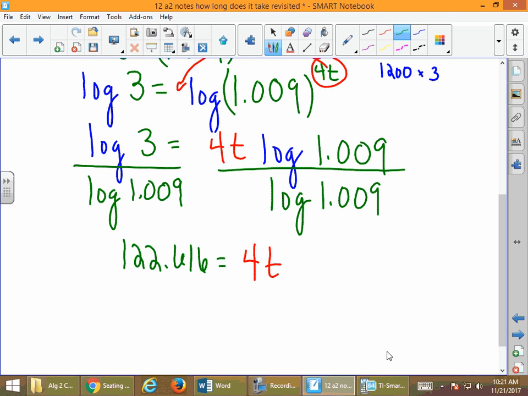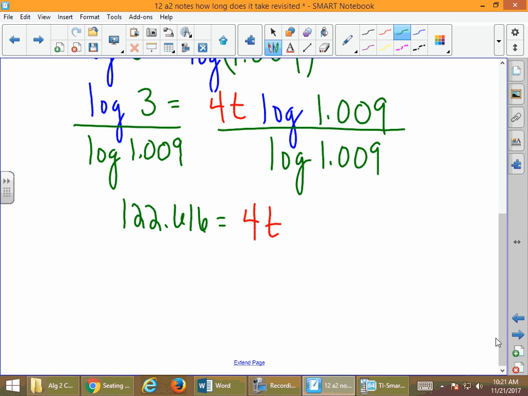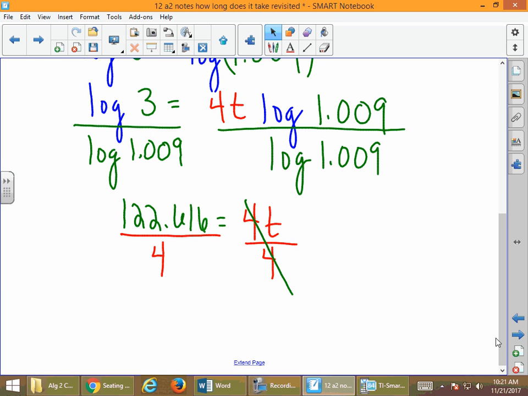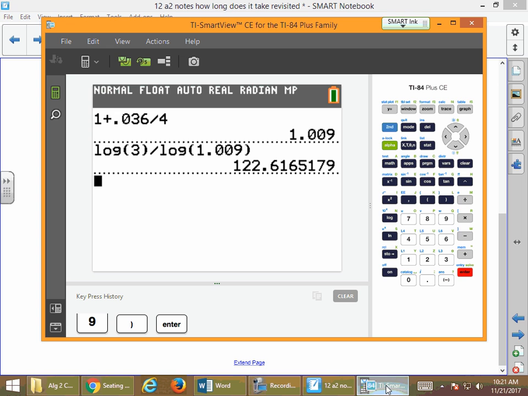We don't want to round until the very end. We have that number in our calculator. This is 4 times t. Our inverse operation then is going to be to divide by 4. And when we do, we'll end up with t equals, take the number that's in your calculator, just press divide 4.